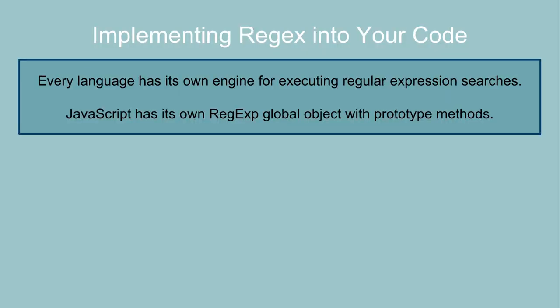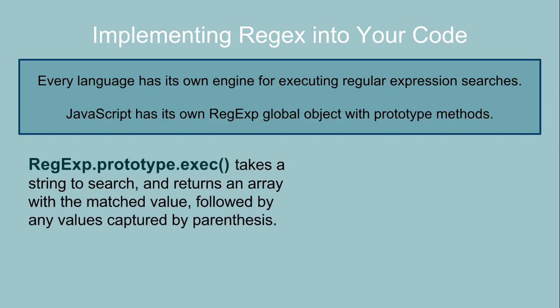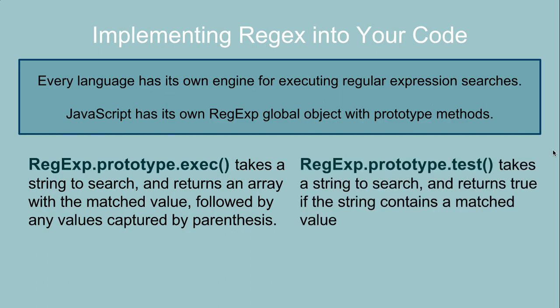So let's take our regex pattern and put it into our code. There are a few methods to do that. There's the regex prototype.exec, which is a regular expression object prototype, and that takes a string to search and returns an array with the entire matched value followed by any values captured in parentheses. And then there's the test method that just takes a string and returns true if the string contains a matched value.